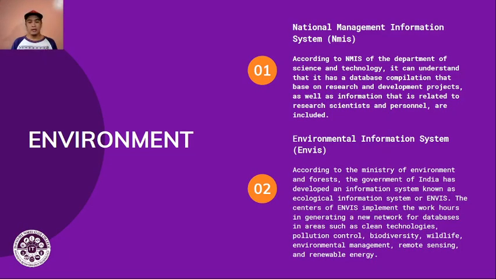Now, according to NMIS, the Department of Science and Technology, that's DOST, has a database compilation based on research and development projects, as well as information related to the research scientists and personnel. So it's like the profiling of all researchers and personnel that are part of the Department of Science and Technology.